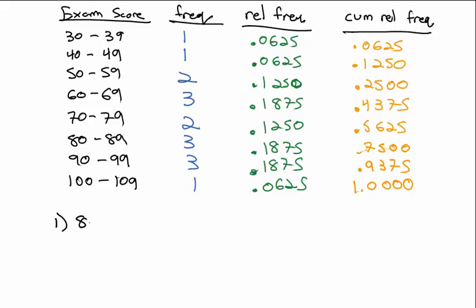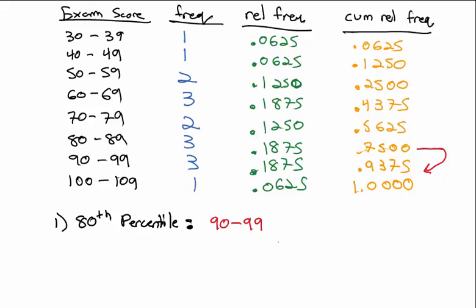If we wanted to find the 80th percentile, we want to find out where this graph hits 80%. Notice on the third from the bottom, the 0.75, we're not quite to 80%. So we actually made the jump to 80% between 90 and 99. That's when we passed 80%.